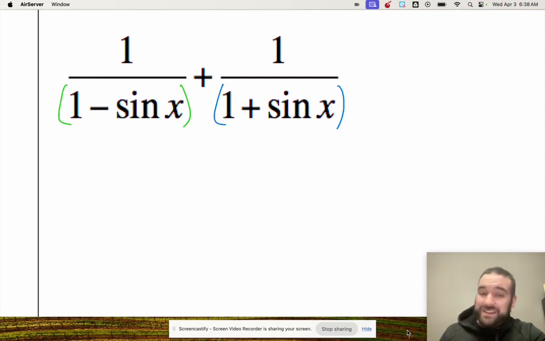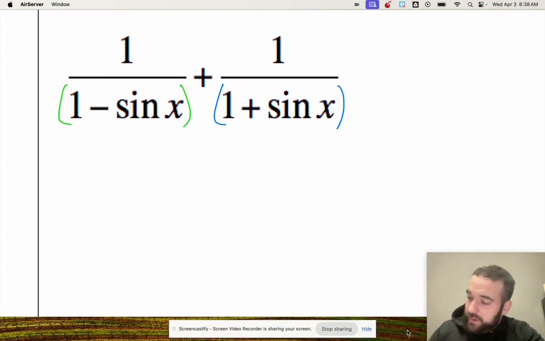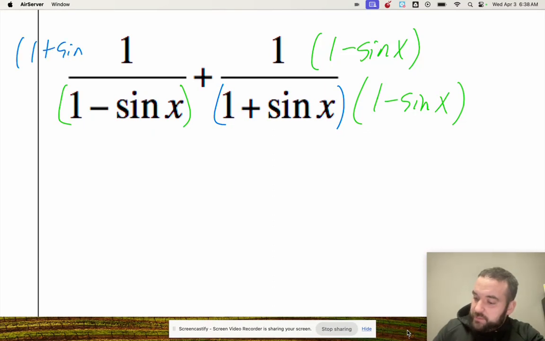What I need to do is multiply the second fraction by the denominator of the first, and multiply the first fraction by the denominator of the second. So I'm going to write 1 minus sine x on top and bottom, and then the first fraction I'm going to multiply by 1 plus sine x on top and bottom.